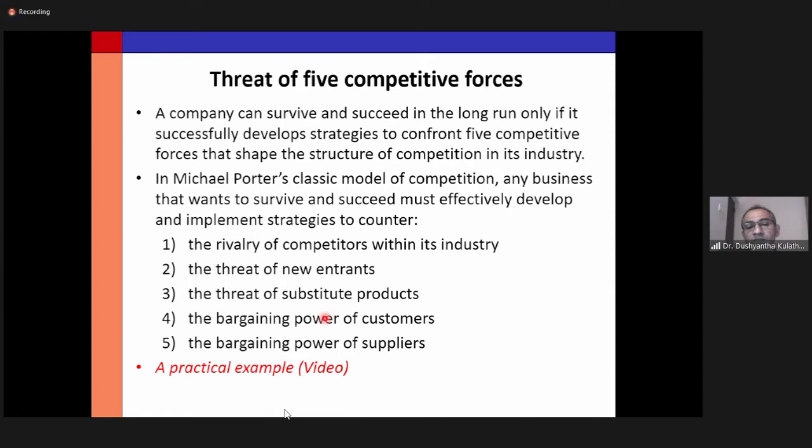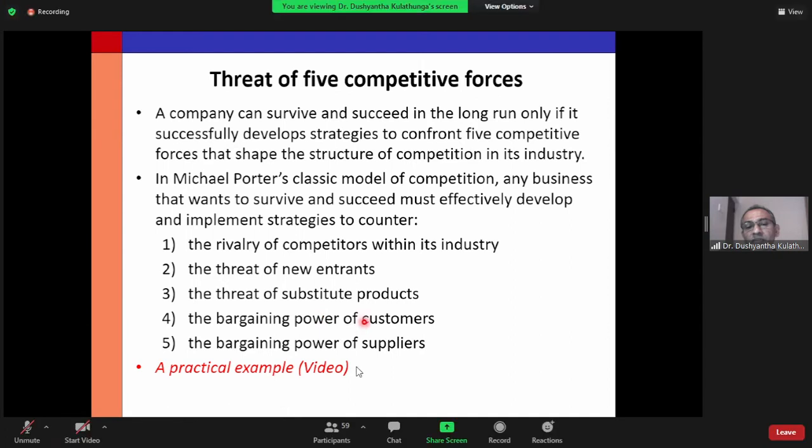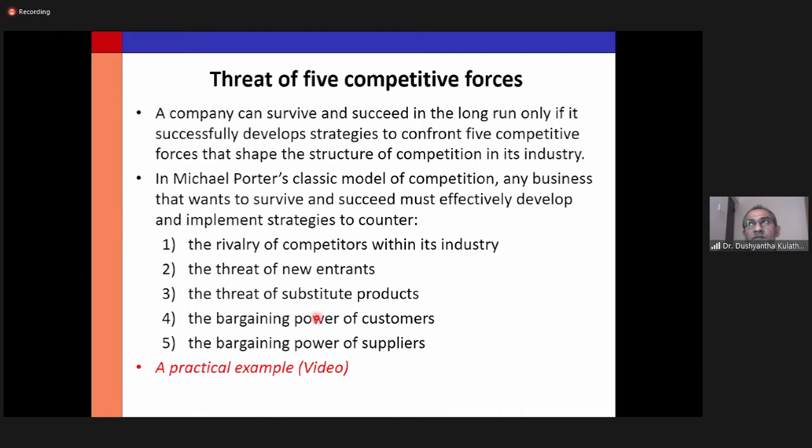There are certain examples we can take. If the price is transparent in a particular industry, indicating that the prices of different sellers are transparent to the customers, this has become true especially with the internet.